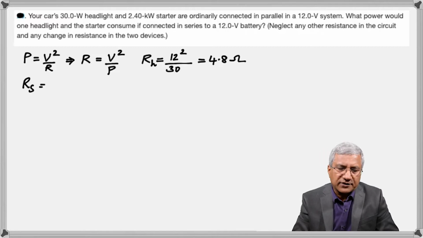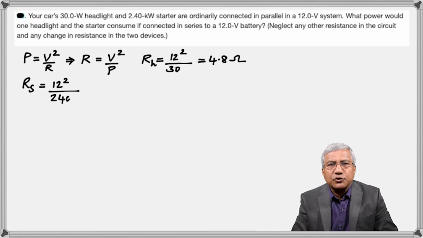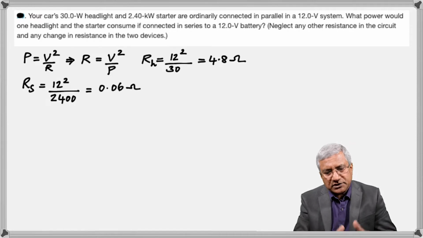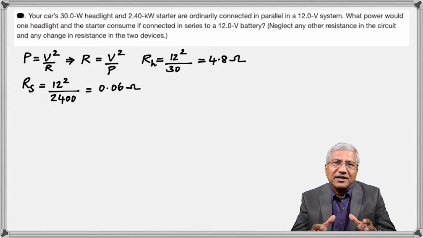Similarly, we can find the resistance of the starter, which is again 12 squared divided by, 2.40 kilowatt is 2400 watts. So you get 0.06 ohms. So now when you connect both of these in series, their resistances add up.